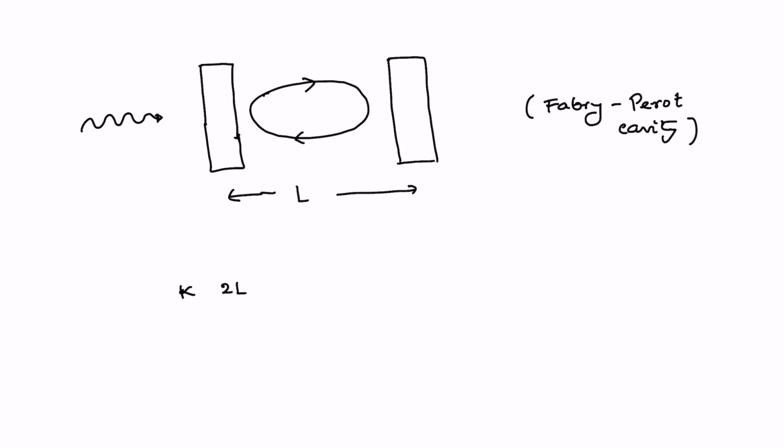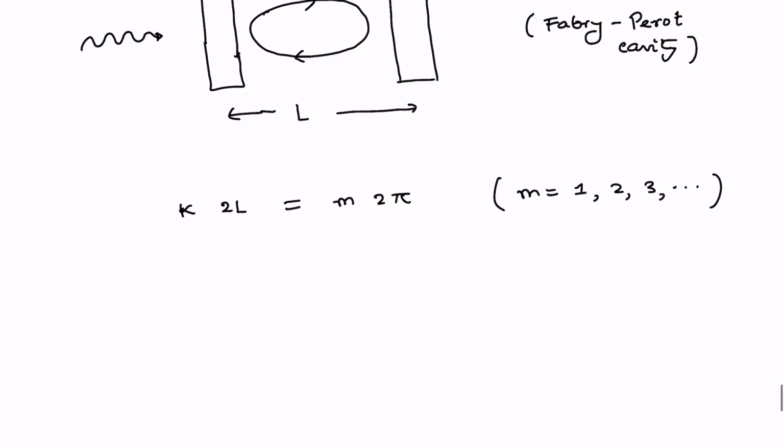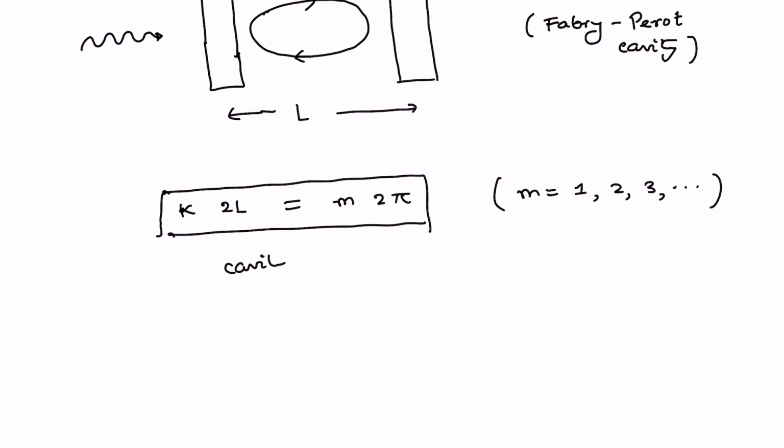That should be an integral multiple of 2 pi, that is, k times 2l equals 2 pi m. This is the cavity resonance condition, where m is an integer, m can be 1, 2, 3 and so on.